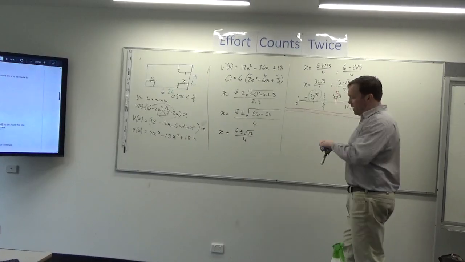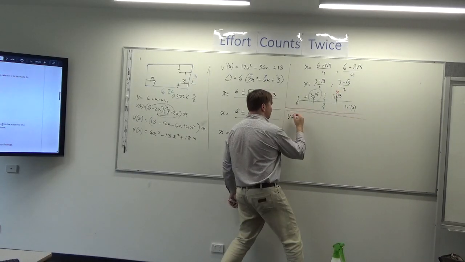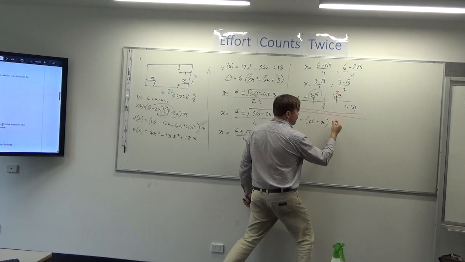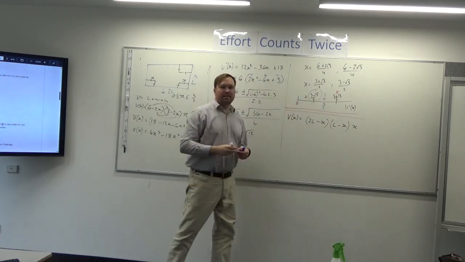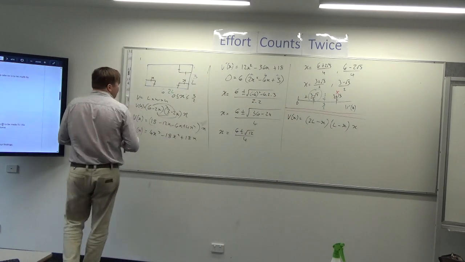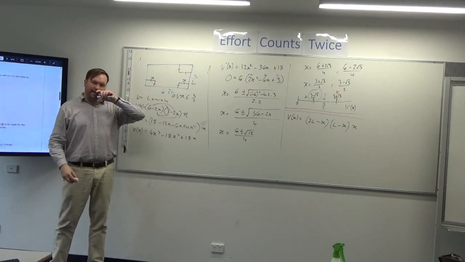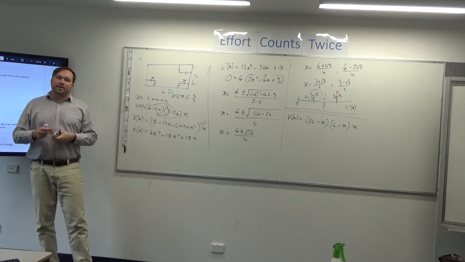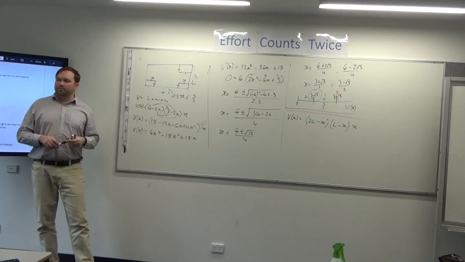If that's L and 2L, my new volume in terms of x, Vx, would be 2L take x, L take x, multiplied by x. So I guess we're happy that we're running the same thing through, but instead of 6 take 2x, 3 take 2x, it's now 2L take x and L take x with an x. This will give me an answer for all 2 to 1 rectangles in terms of L.